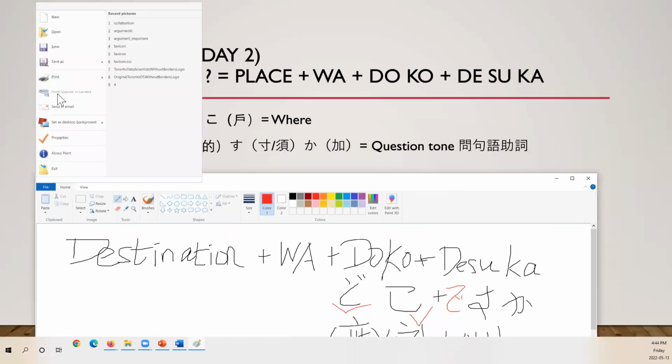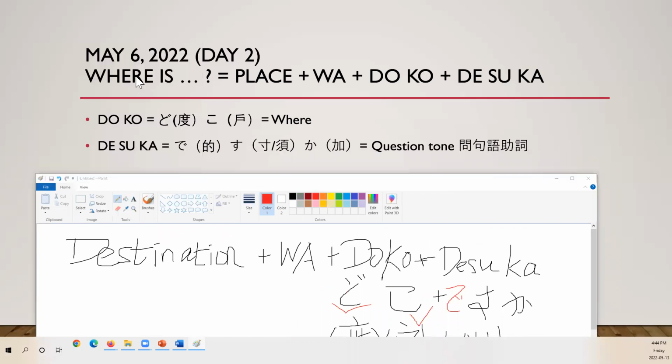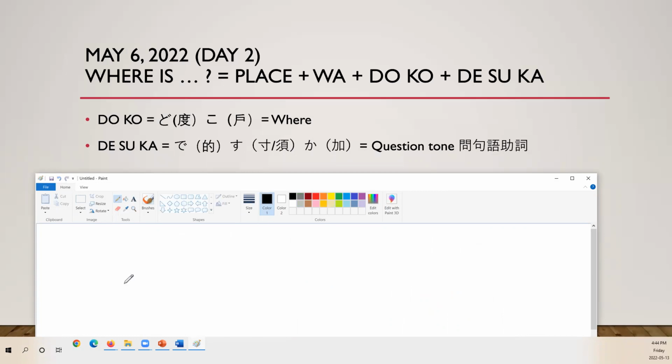And the third day we learned about how to introduce yourself, your name or your profession. So usually you put your name or your profession over here, and then you put this, right? And so you don't need to put the ka at the end, because ka is like asking a question, right?